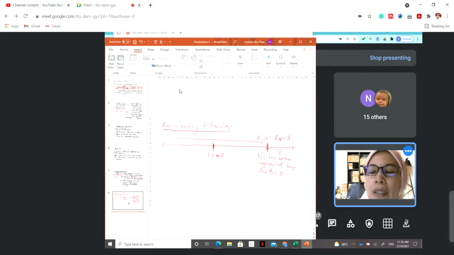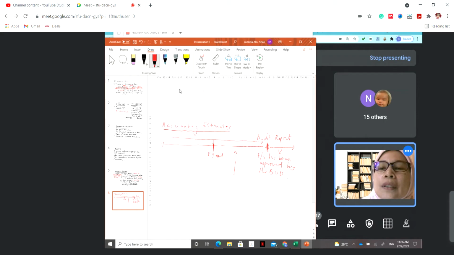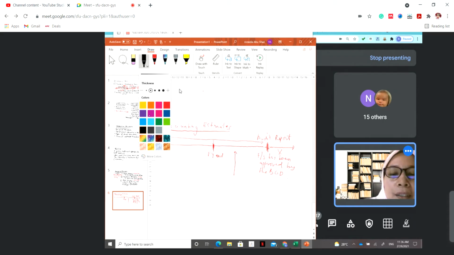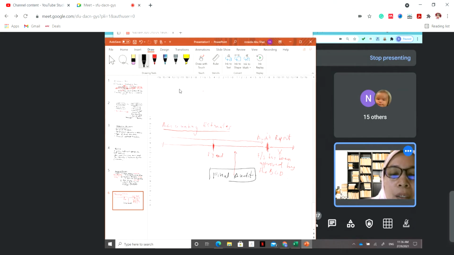Okay, so I draw this one. So during the final audit ni, this one is final audit. So when the auditor perform the final audit, the main focus is perform the substantive test.